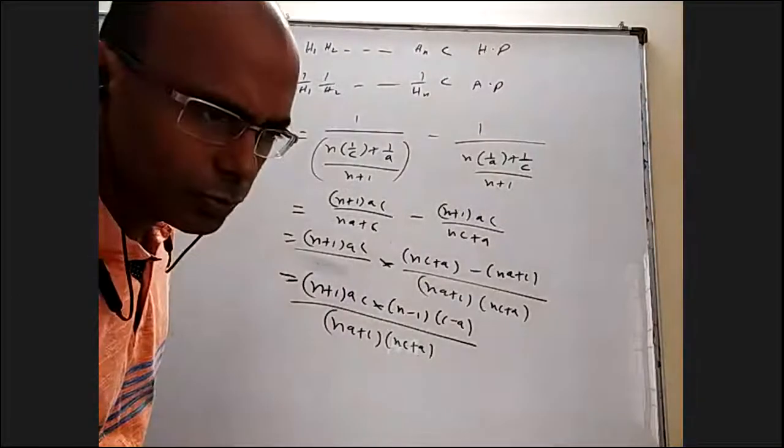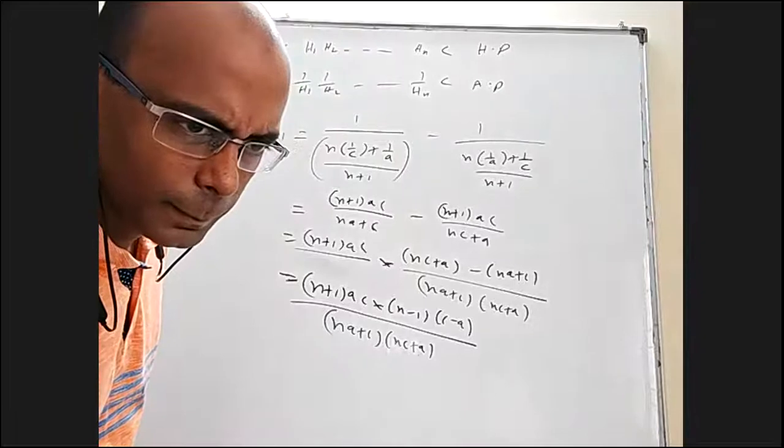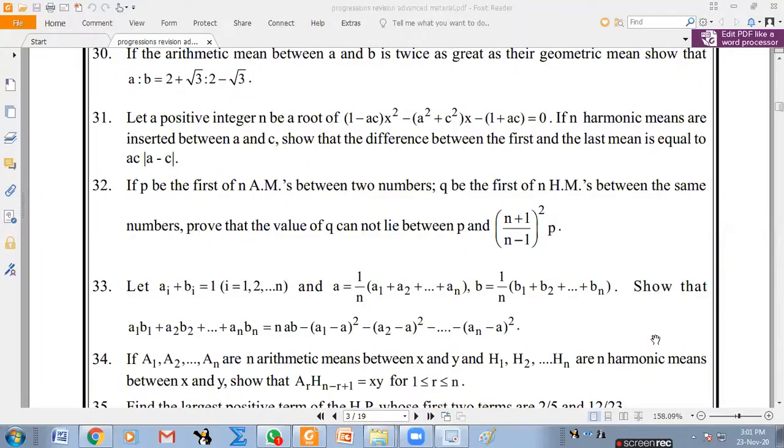Let us just try to use that. That is 1 minus AC into n square minus a square plus c square into n minus 1 plus ac equal to 0. I think this quadratic equation is made up just to write this answer without n, that's all. I'm sure the product of these two will be found somewhere here.